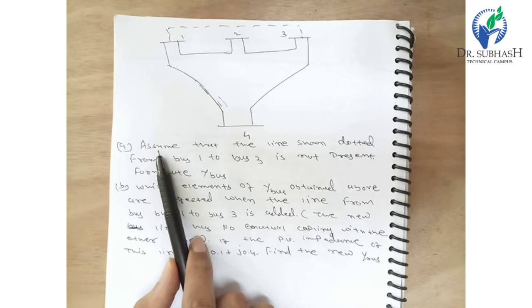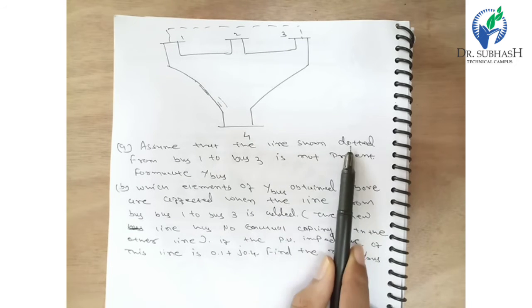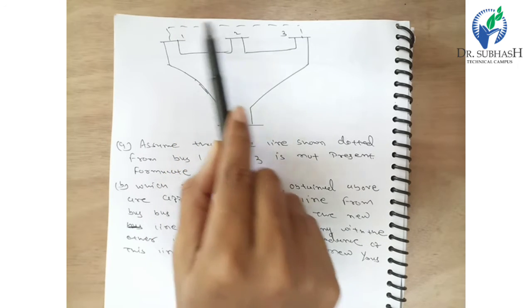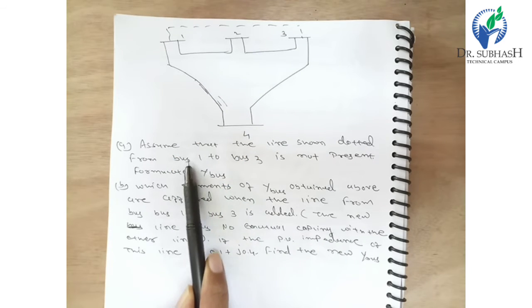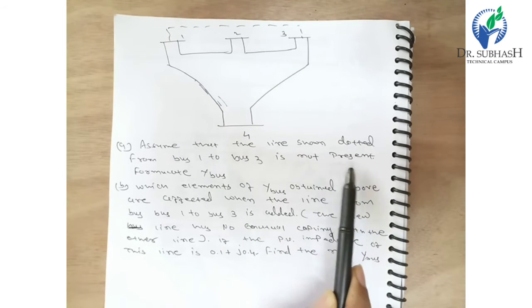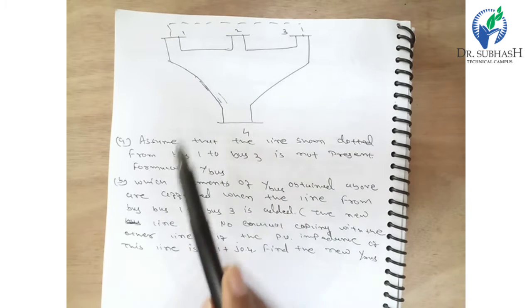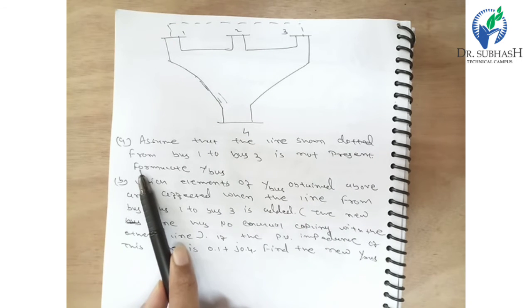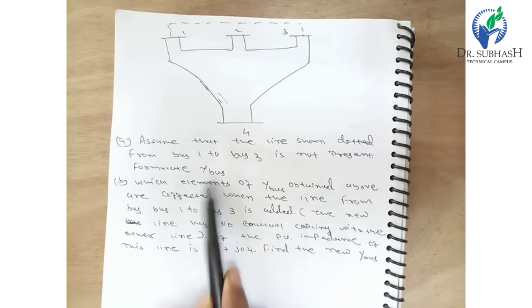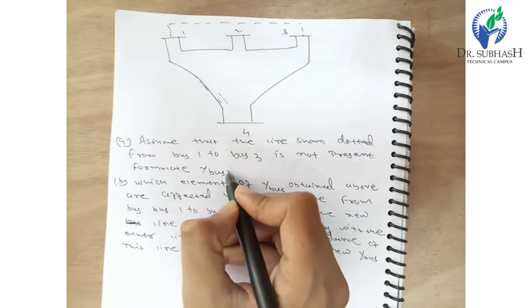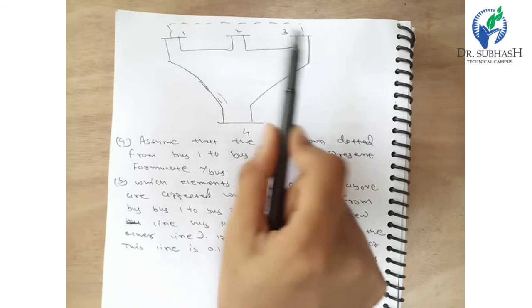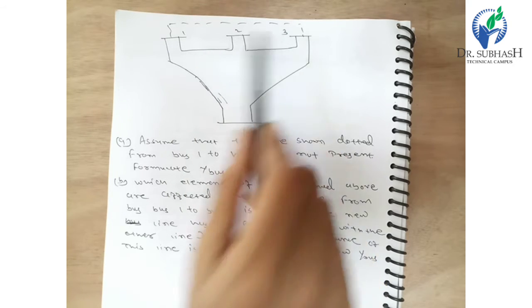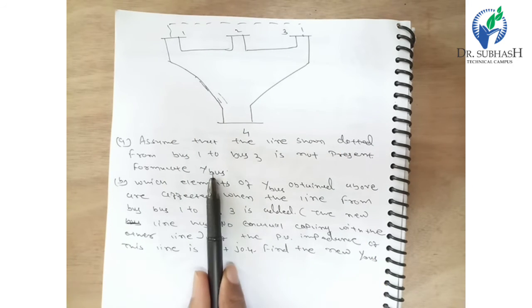First of all we should assume the line is dotted, there is a dotted line between bus 1 and bus 3, and it is not present, and after that we should formulate the Y bus. So we should find the Y bus system when the line 1 to 3 is not connected.